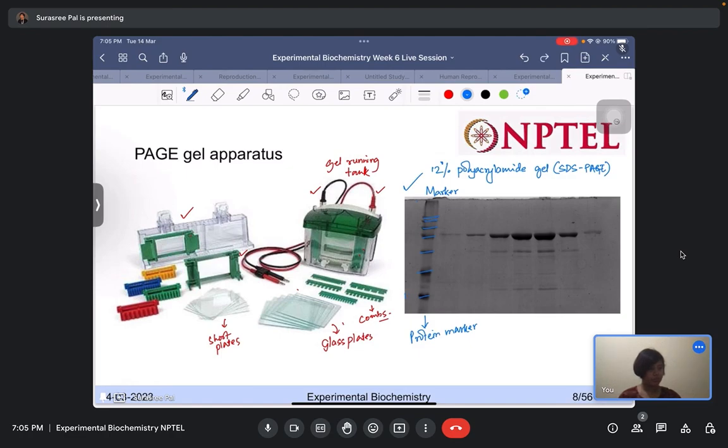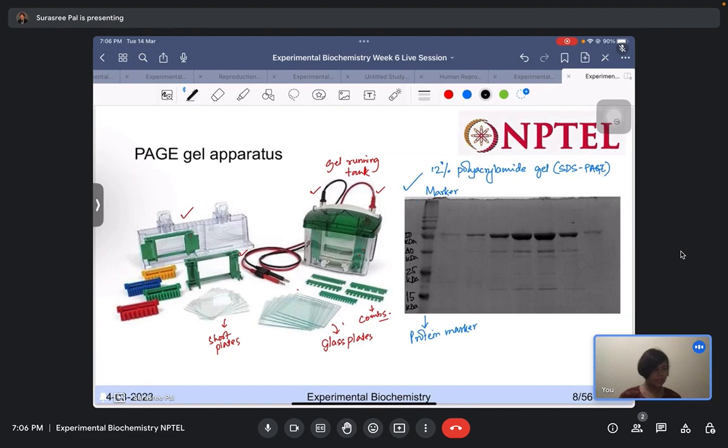Suppose this is 15 kilodalton, this is 25 kilodalton, this is 40 kilodalton, 50 kilodalton, and so on. By the position of the marker bands and the position of our protein bands, we will be able to determine the molecular weight of our protein sample.